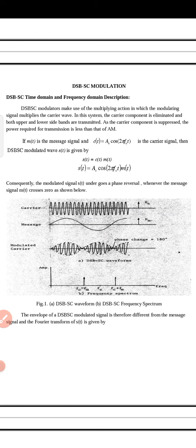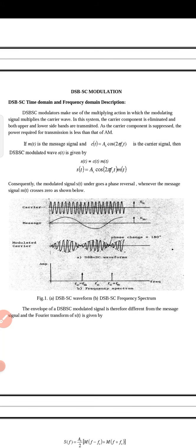How do we get the suppressed carrier? If m of t is the message signal, that is m of t equals Am cos omega mt, then what is the output of the DSB-SC signal?